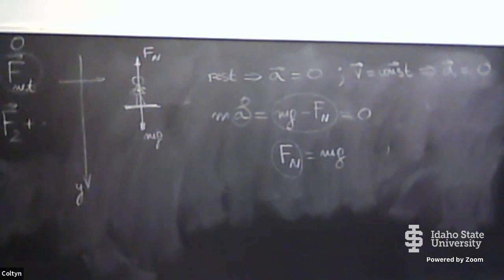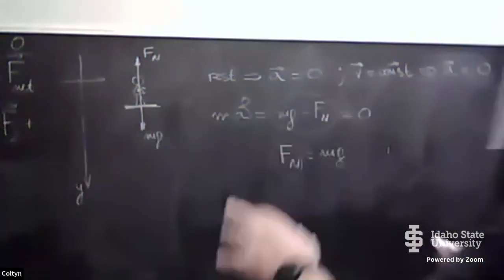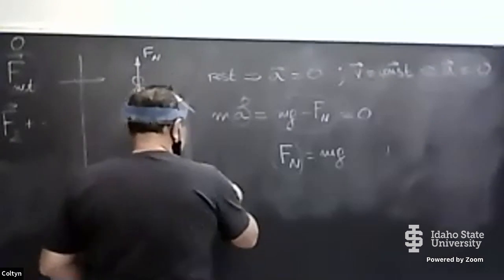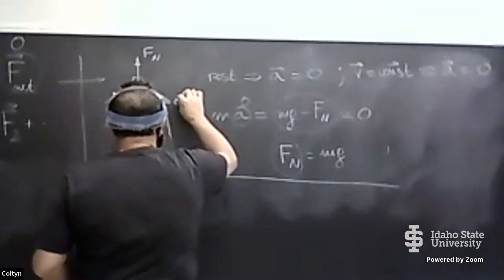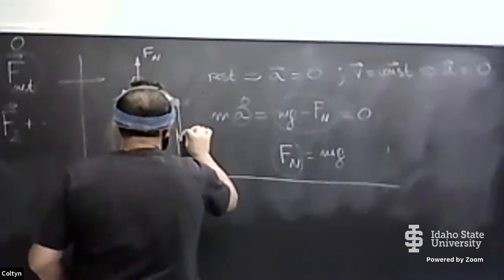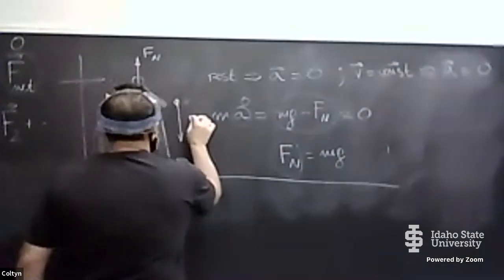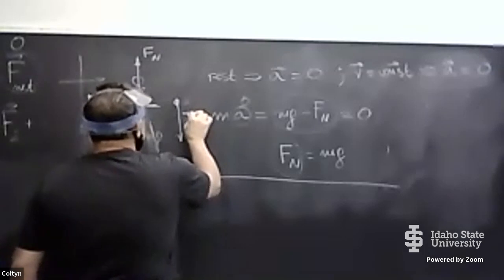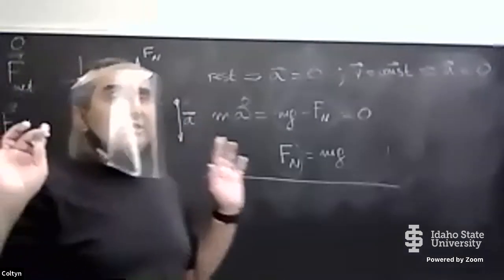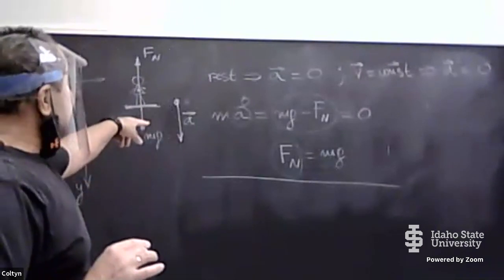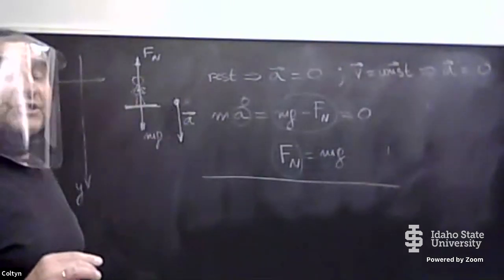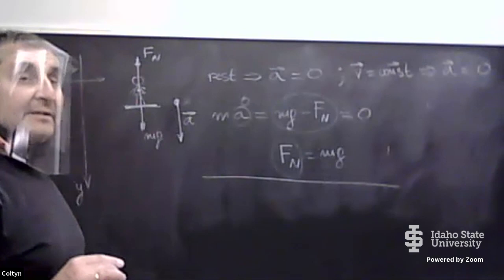But now look how things are going to change if the elevator, together with your body, is going down with a certain acceleration. So let's now have a different case. Now, the floor of the elevator, your body is moving, but it doesn't matter if it moves or not, it is accelerating, with acceleration in the downward direction, like this.